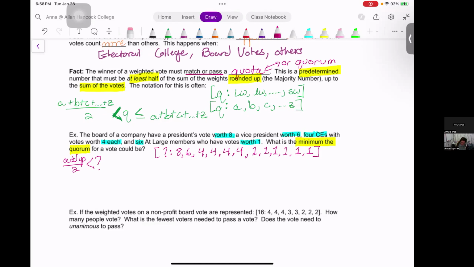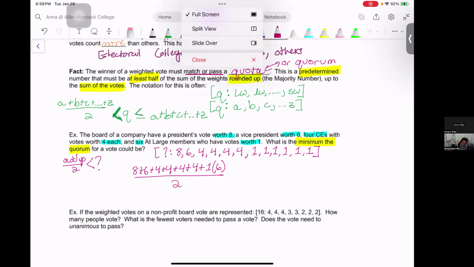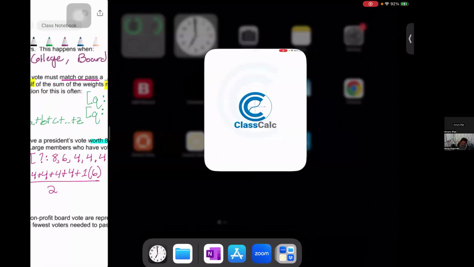Make sure we check. So I need to know what 8 plus 6 plus 4 plus 4 plus 4 plus 4 plus 1 six times is. I did a little cheat there just to write a little bit simpler. Okay. And again, I'm going to add all these up and I'm going to divide by 2. Let me go ahead and make sure I'm doing this carefully. Let's pull out my calculator.